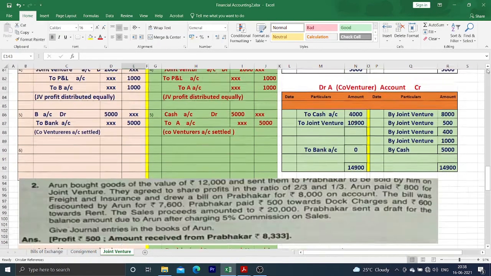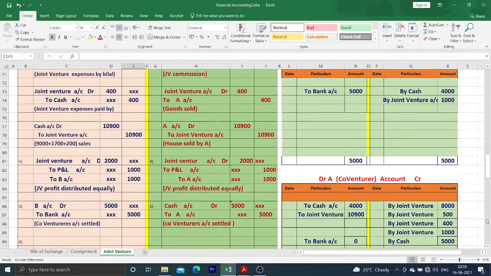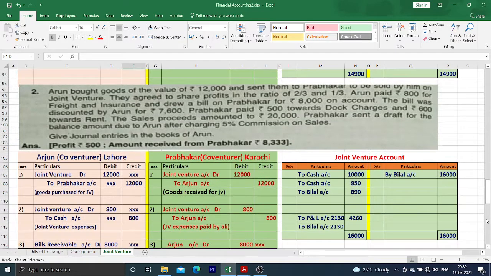First, we will prepare the joint venture account. Joint venture account debit to Prabhakar account. Amount is 12,000.